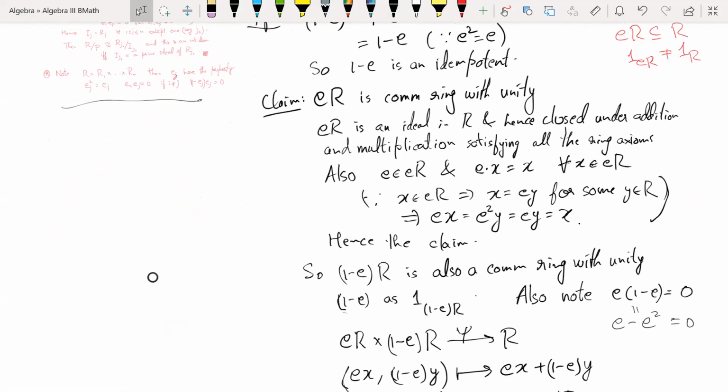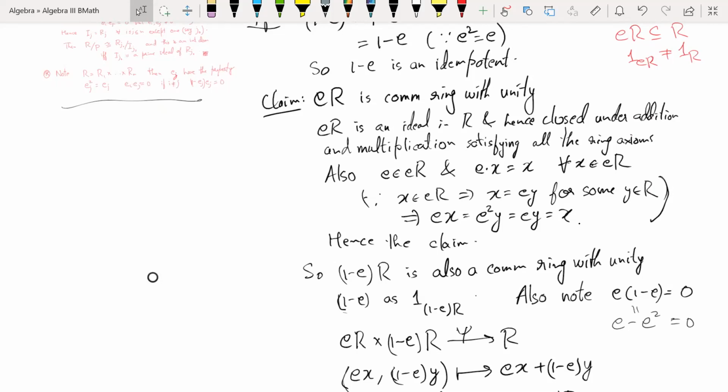A typical element in ER looks like E times X for some X in R, and in 1 minus ER it looks like 1 minus E times Y for some Y in R. So the natural thing to do is add them, and that is your map C, and you get an element of R.